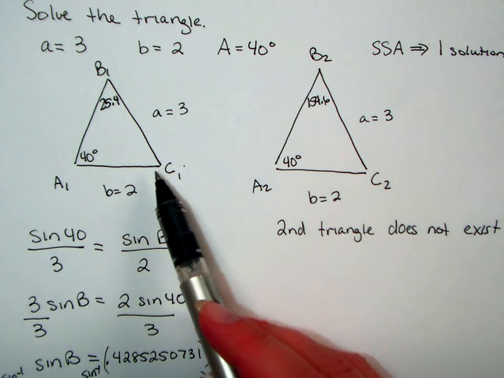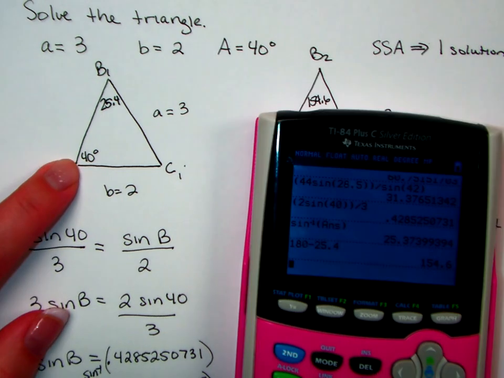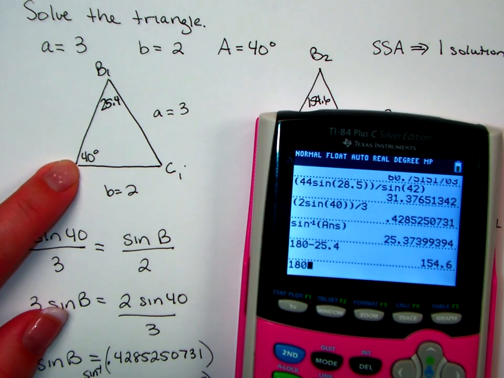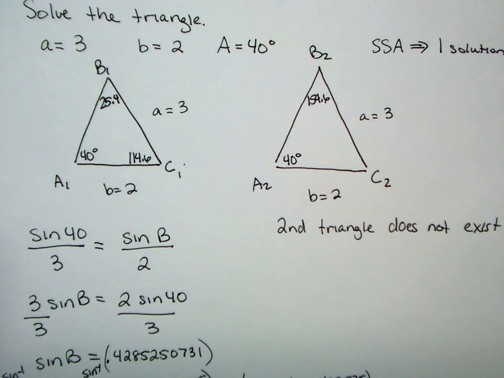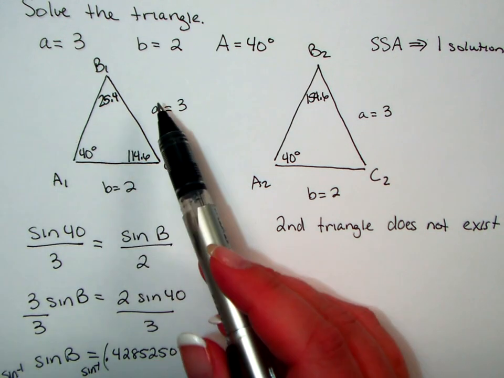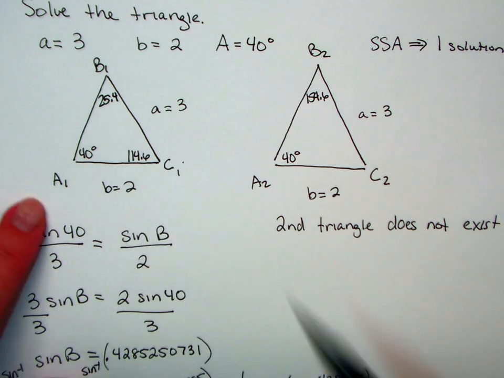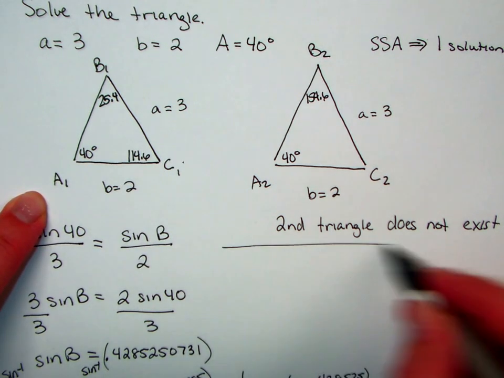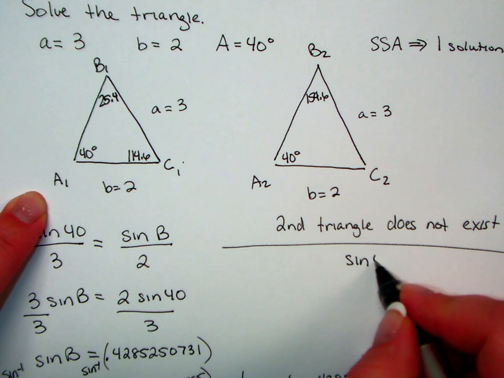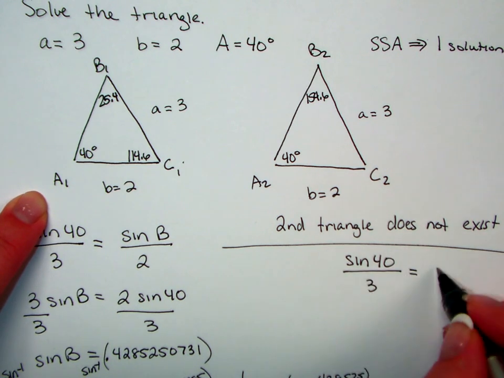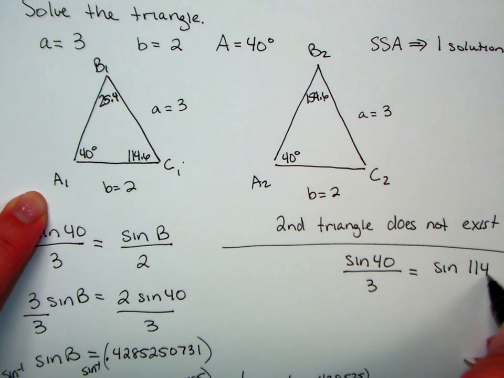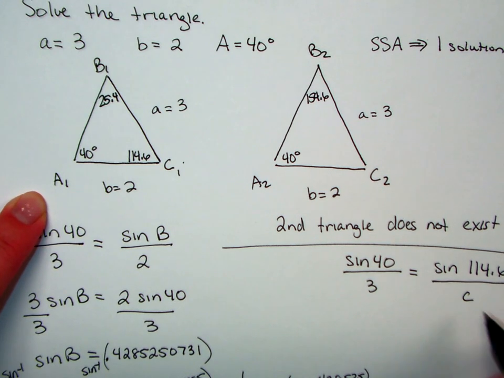Okay, so let's go ahead and find angle C first. 180 minus 40 minus 25.4 is 114.6. Right, little c, we're going to use our law of sines. Okay, so I'm going to go ahead and use the given here and do sine of angle A divided by side a equals sine of angle C divided by little c.